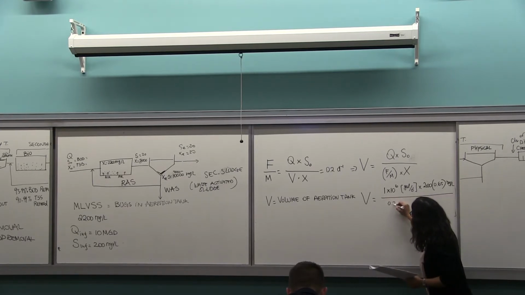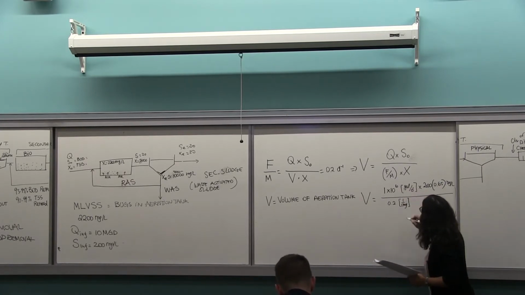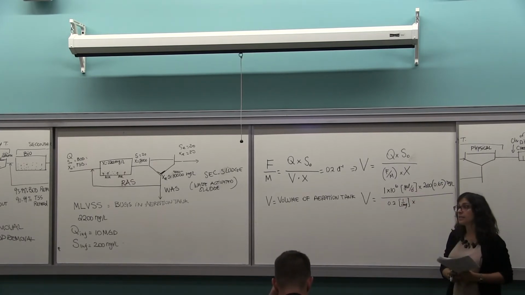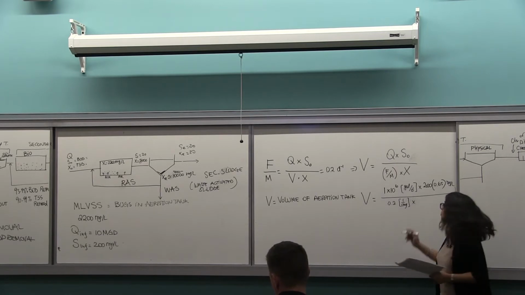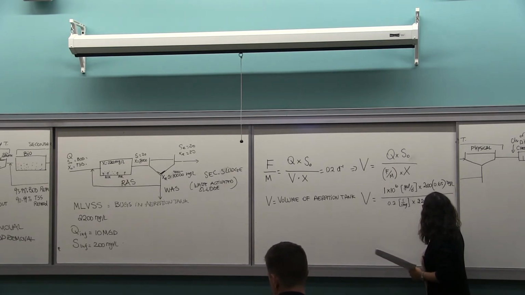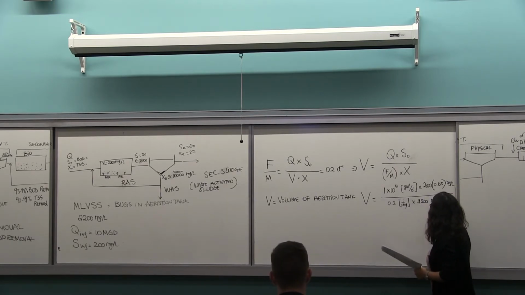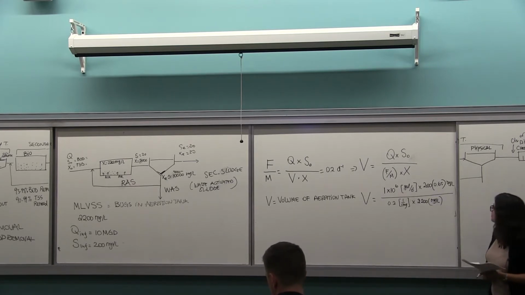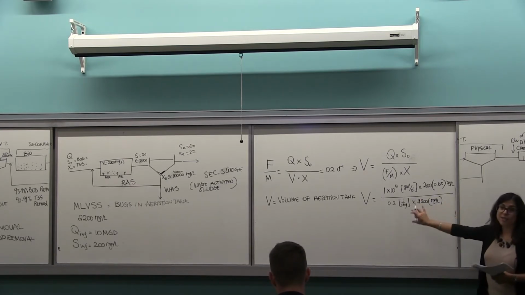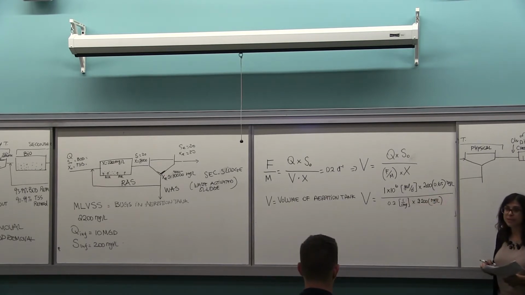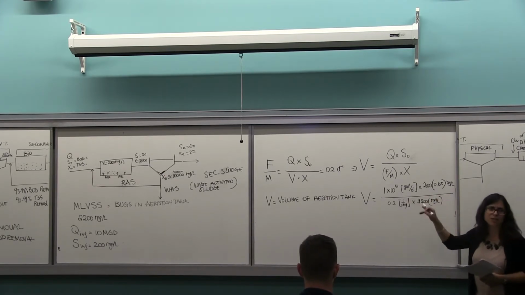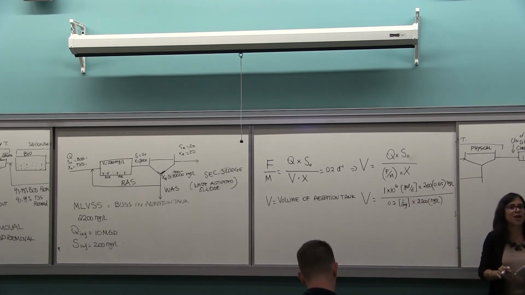F over M is 0.2, 1 over day. And X is our mixed liquor volatile suspended solids. That's what is given to us. That is 2,200 milligram per liter. Now you can see that I'm canceling this milligram with this milligram, and they are not the same thing, because one is milligram of oxygen, one is milligram of solids.